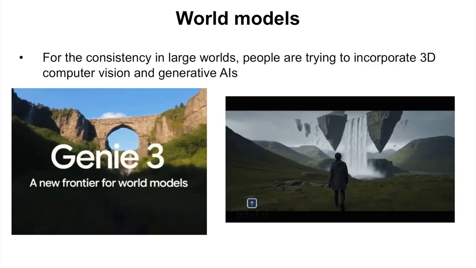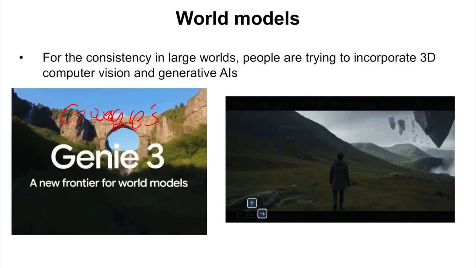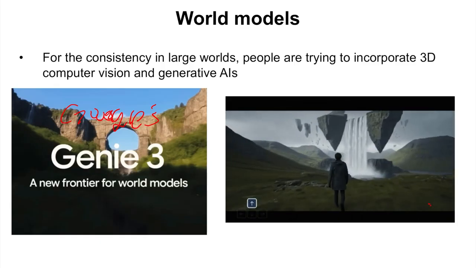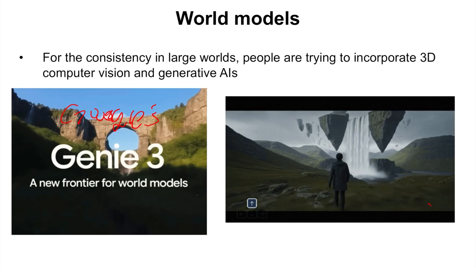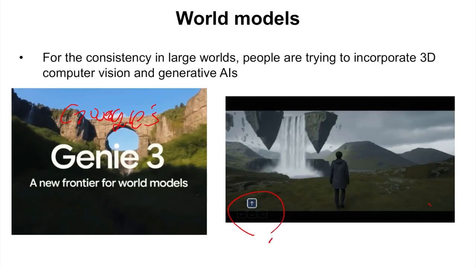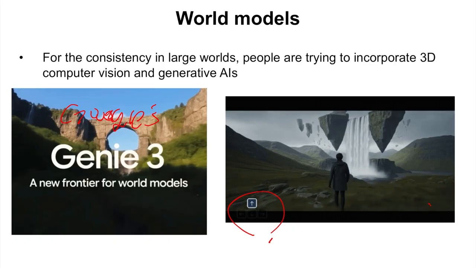That is from Google's Genie 3. This one is a generative video, but the user can interact within the video. These are real-time keyboard inputs. As if it is a video game, we can control some agent in the video in real time.